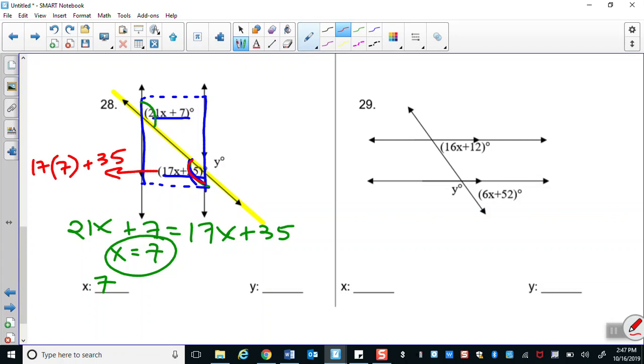You can use the calculator, or you can use Desmos to figure that out. We're going to get 154. So if this is 154, isn't y right across from it? Y is vertical from it, so y is also going to be 154 because they're vertical angles.